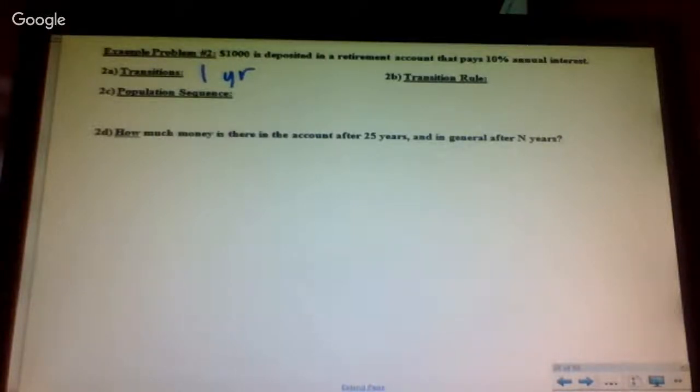How do I write that as a decimal? 1.1. So P sub n equals 1.1 times P sub n minus 1. Remember, 10% increase is 10% over 100, which is 1.1 as a decimal. So population sequence. We start with $1,000.